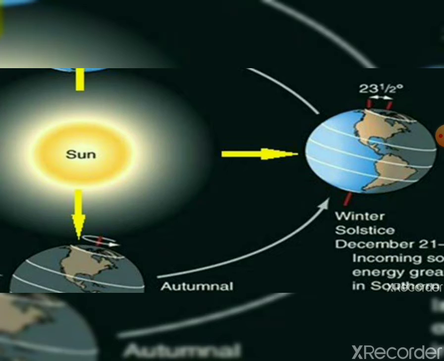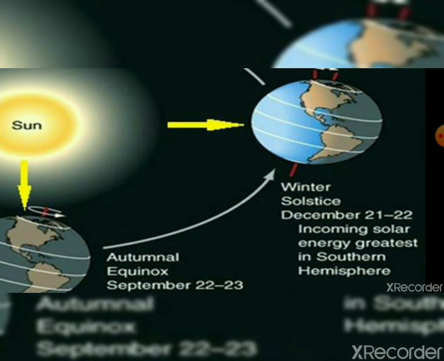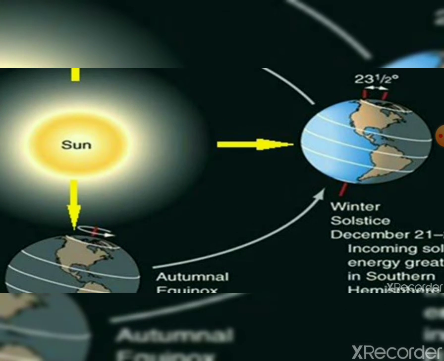We know that in summer longer days are there and nights are shorter. The reverse happens in the northern hemisphere. So this position of the earth is called the winter solstice. If you have heard that in Australia Christmas comes in the summer season, this is why.